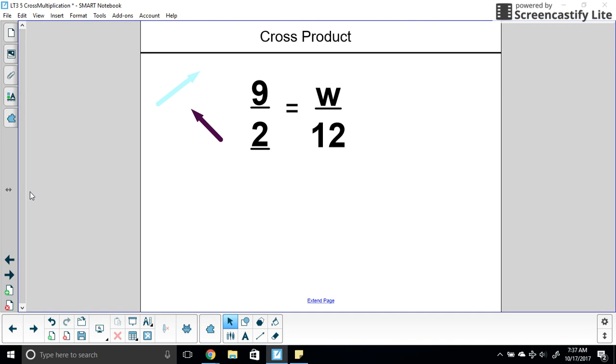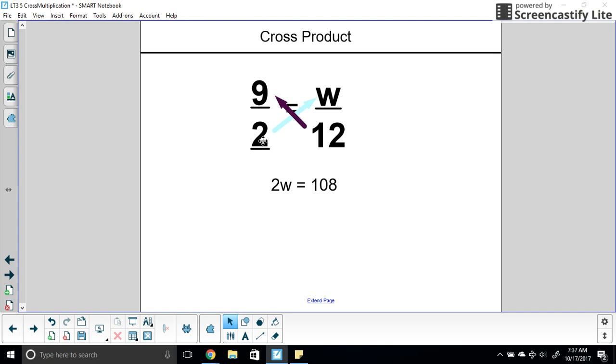All right, now let's do this one. First, 2 times W. Second, 9 times 12. Do you have to show your work, class? I'm hoping you're thinking, yes, Mrs. Hosworth, yes, we have to show our work. So please do so.